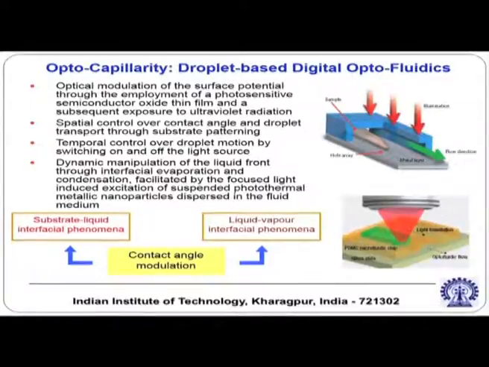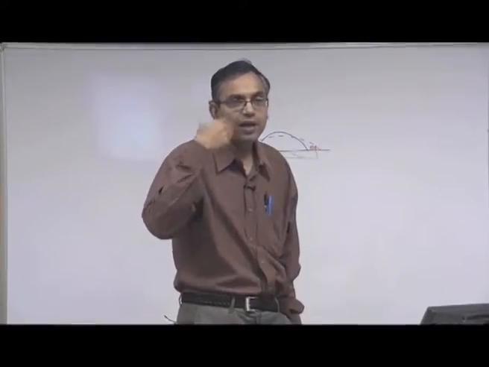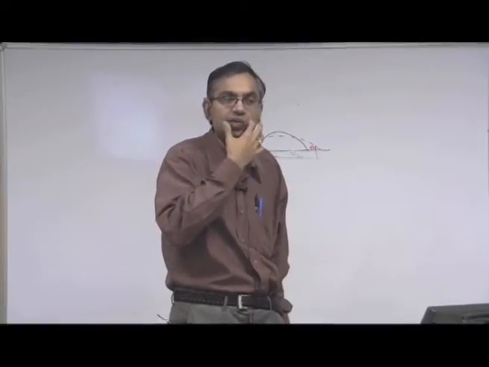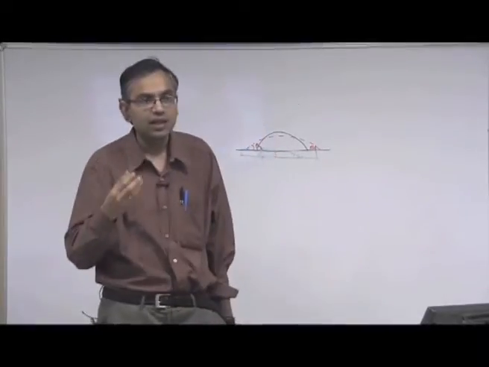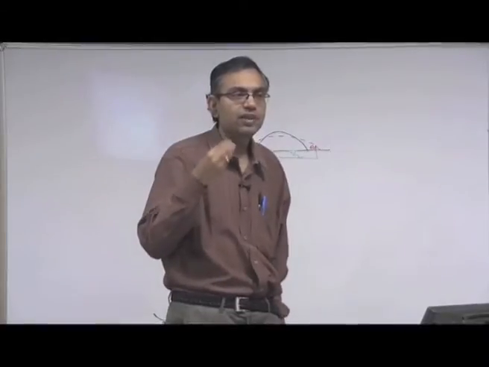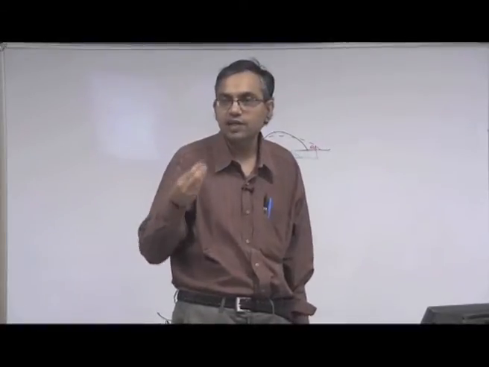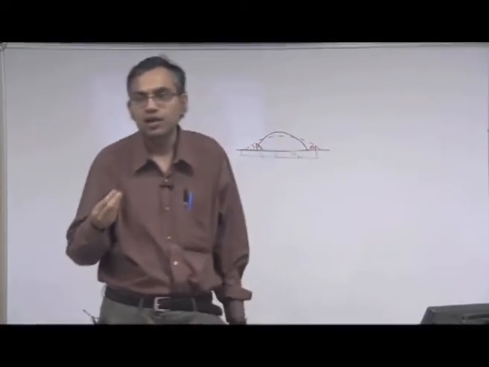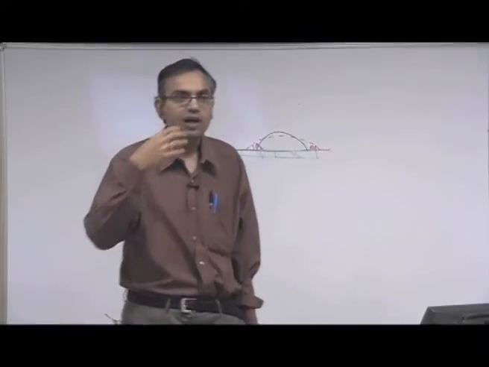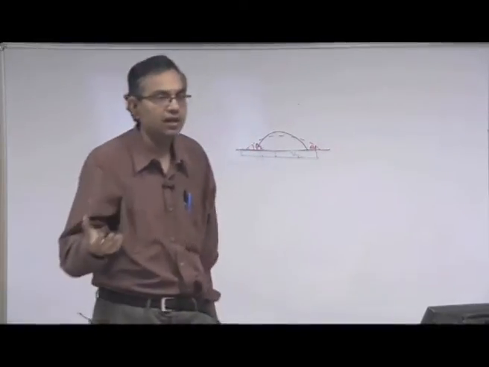So if you have say a metal oxide semiconductor, a titanium dioxide or zinc oxide semiconductor coated on a surface, then if you shine UV light on top of that, there will be immediate electron hole reaction starting to take place, because the band gap of this titanium dioxide or zinc oxide is typically 3.2 electron volts, which corresponds to the energy that comes from the ultraviolet light.